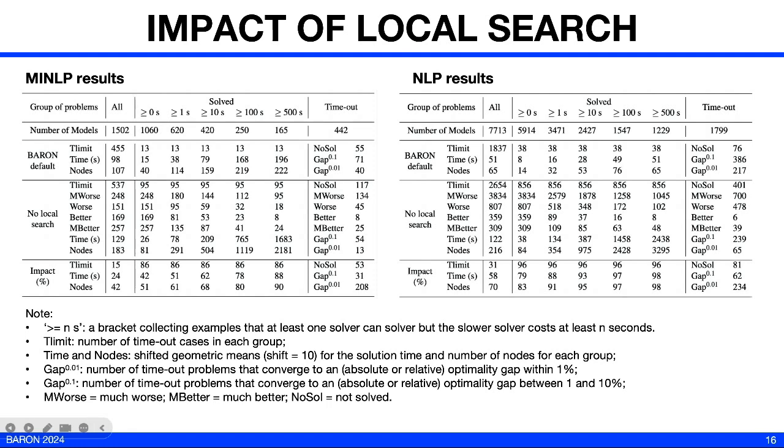This is because for NLP problems, once the problem is identified as convex, the local search can directly terminate the problem with a global optimality claim. But for MINLP, local search has to provide a solution that can also satisfy the integrality conditions. So this is normally harder than NLP problems.